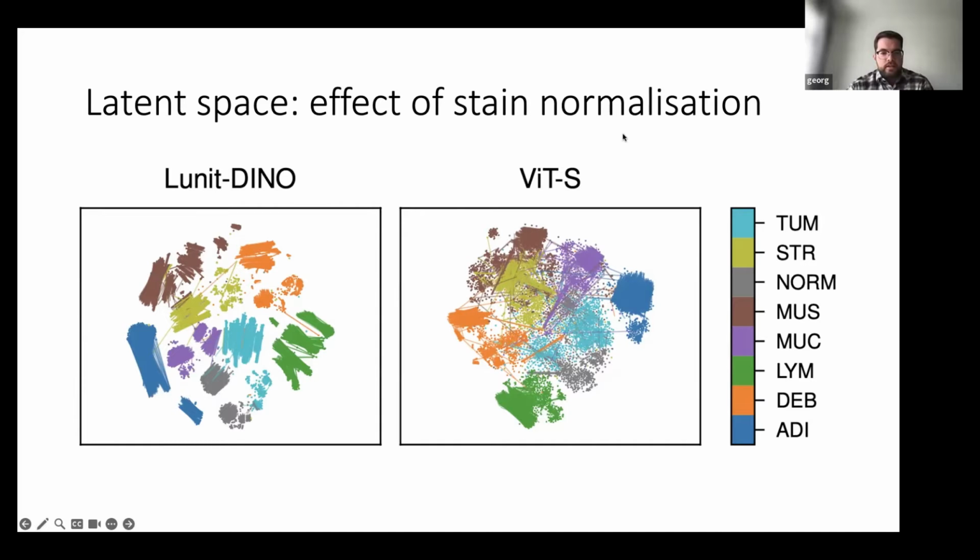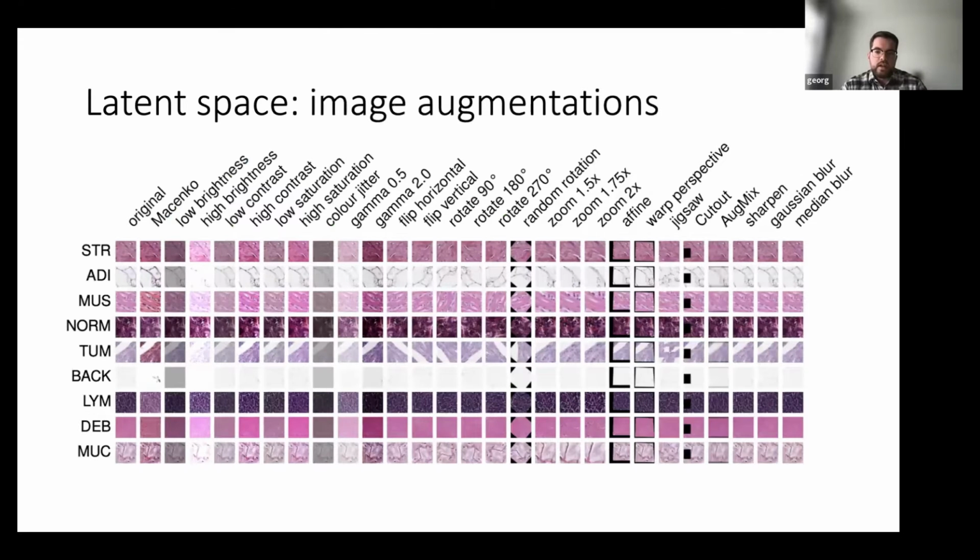We can also do the same analysis with image augmentations. Here, I just show all the augmentations that we looked at. In fact, you can just regard stain normalization, so Macenko normalization, as just yet another type of image augmentation.